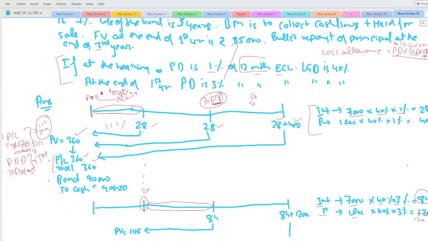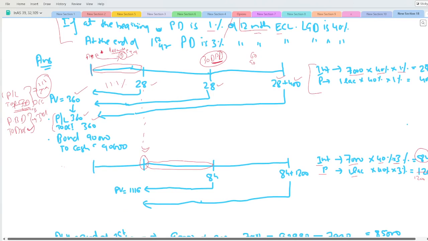Now present it on the number line because you need to calculate the present value. So 84, your coupon, you will not be receiving, that is your prediction, and the 1,200 principal amount you also will not be receiving. So then you will calculate the PV of it, and the effective interest rate here is the same 11.1, your original effective interest rate. So it is coming to 1,116.